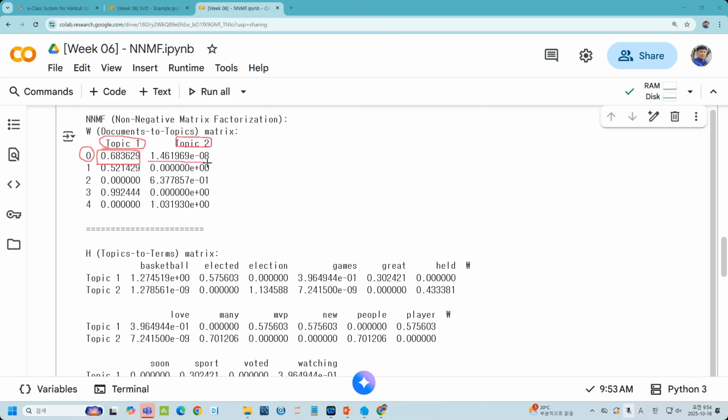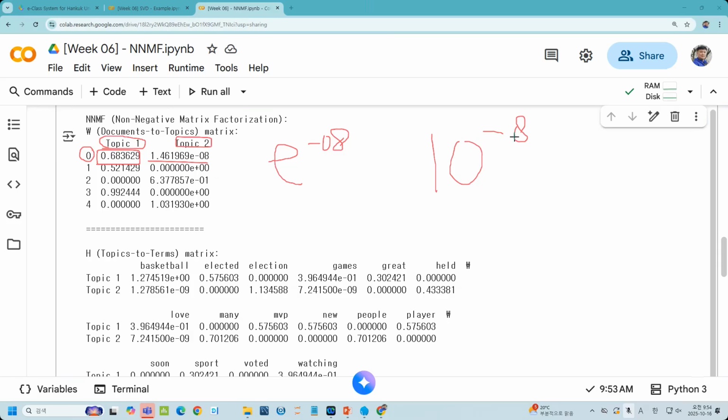In topic 2, it is E minus 8. What is it? In Python, this kind of number means 10 to the power of minus 8.